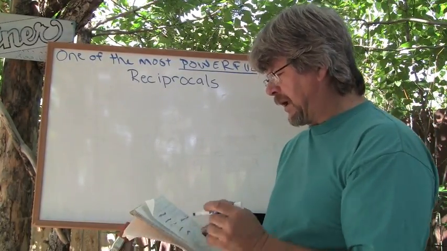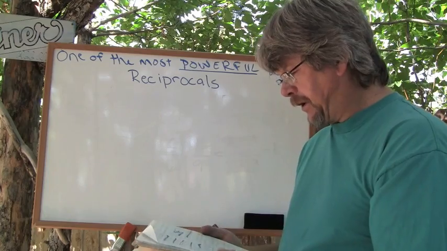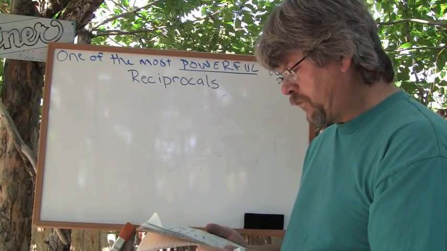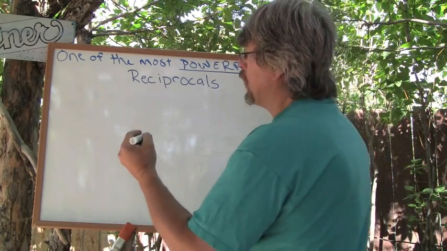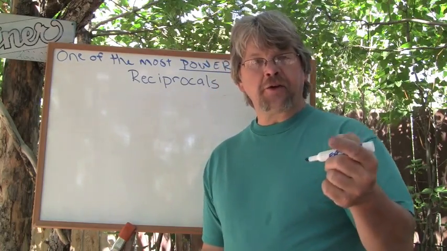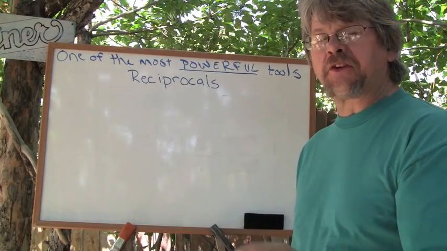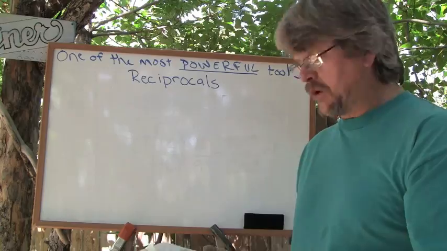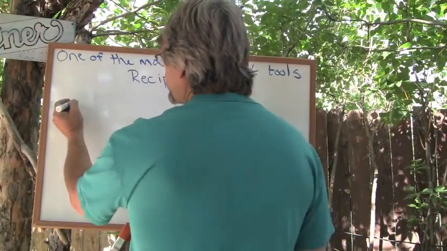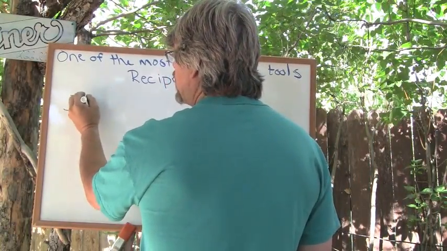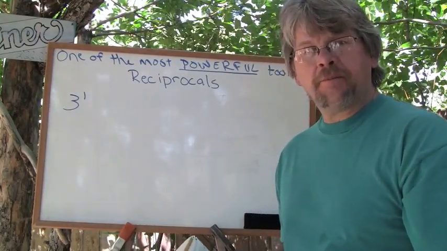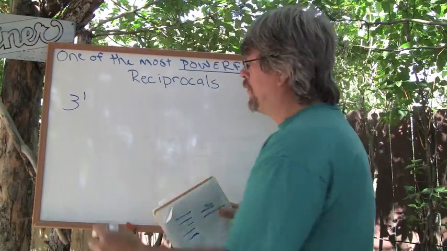Now let me show you another fantastically interesting concept here. In line with the idea of reciprocals and taking the opposites to turn a number into 1 and working with fractions, we have 3 to the first power. What does that equal?